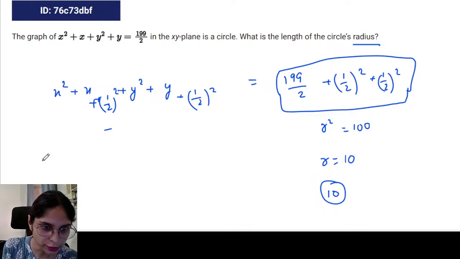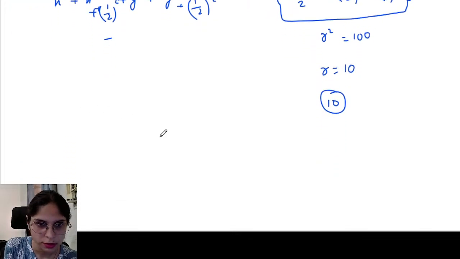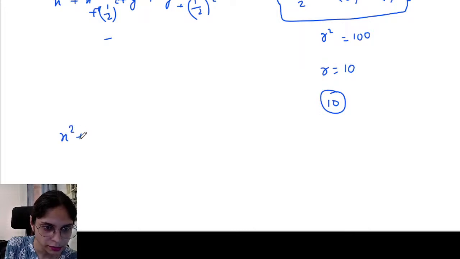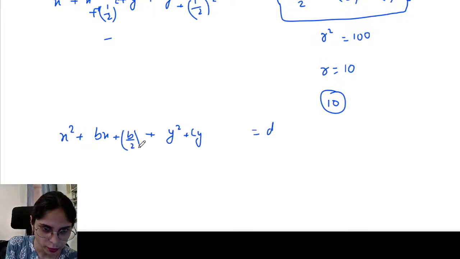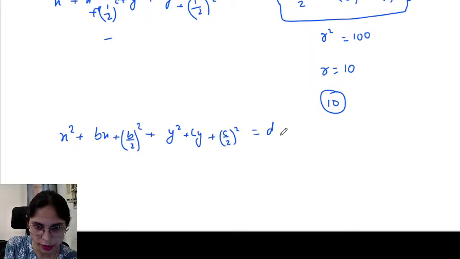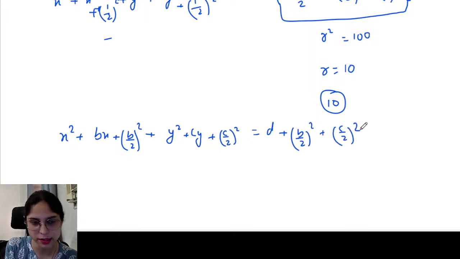So again I will tell you here also, if you have x square plus bx, give some space, y square plus cy equals d, you add b over 2 whole square here, you add c over 2 whole square here, you add both, because whatever you're adding on the left side you have to add on the right side as well.